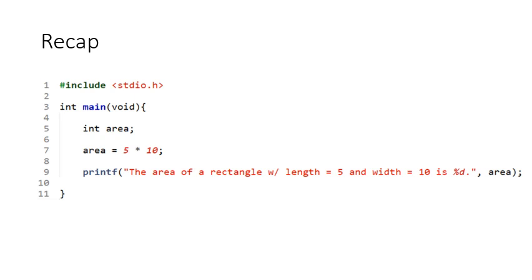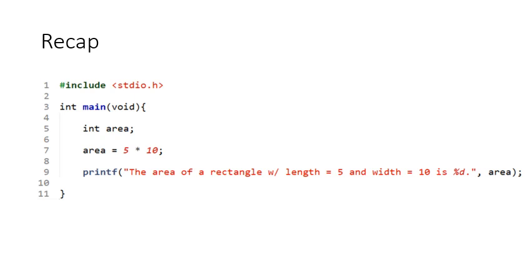Before starting our discussion, do you remember this block of code that we discussed last time? This is a block of code that computes the area of a rectangle. However, we did mention that while there are no syntax errors in the code, there are magic numbers that are not clearly defined.